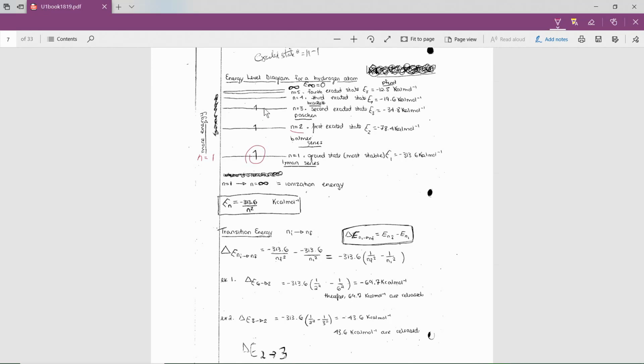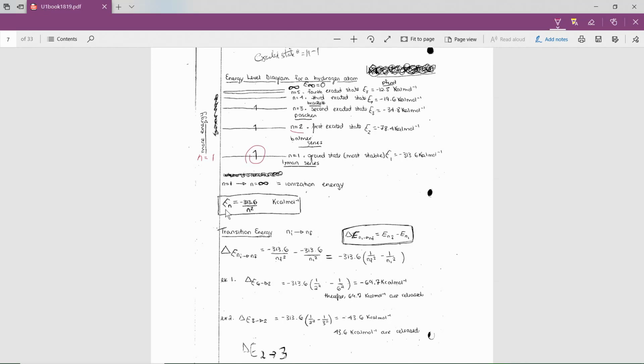So you're going to have really teeny tiny books at the top of the shelf, right? If you're in the first level and you zap with X-ray, whatever, to get it out to the infinitely high level, then you have ionized the atom.